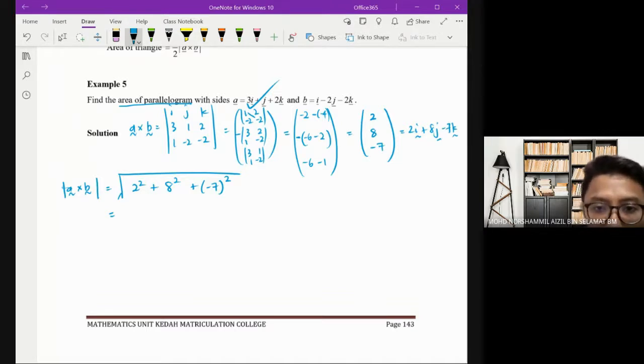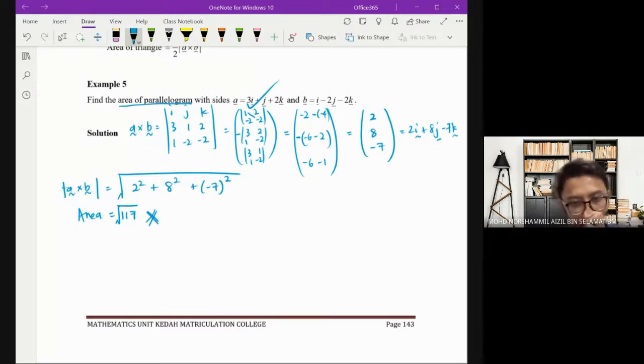So we obtain square root of 117. Is that okay? Right. So the area of the parallelogram is square root of 117. That's all. If you want the triangle, divide by 2.